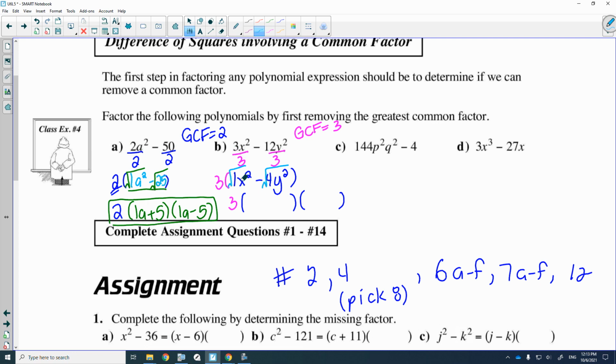Yes. The square root, you guys, of x squared is x. The square root of 4 is 2. And the square root of y squared is y. One gets a plus, one gets a minus. It does not matter which is which. And you could put the 1 in here or not. It's an invisible 1.